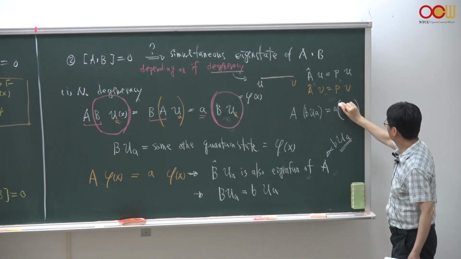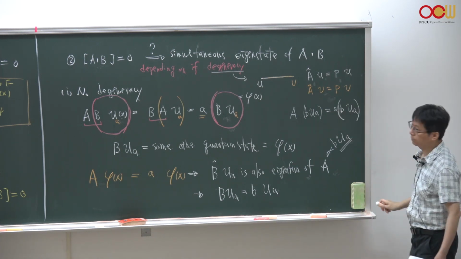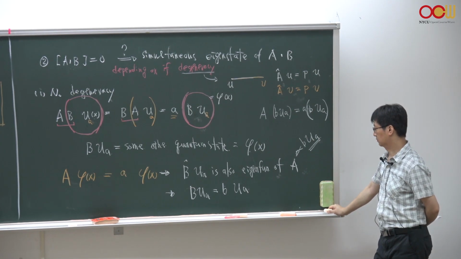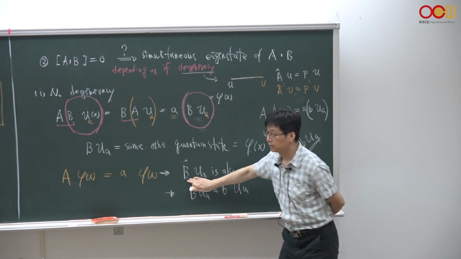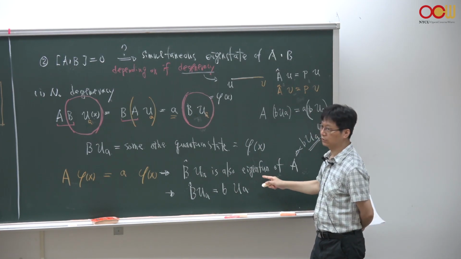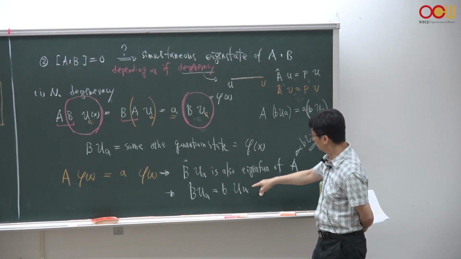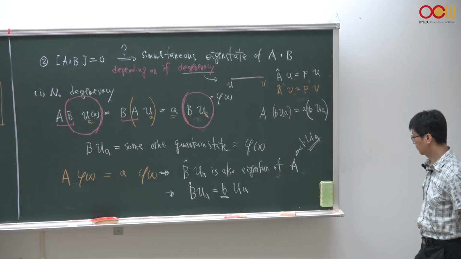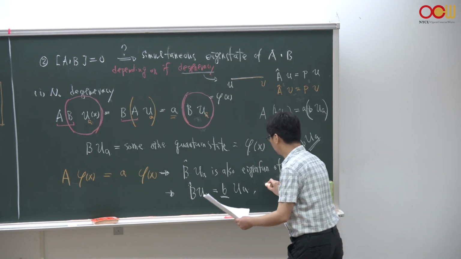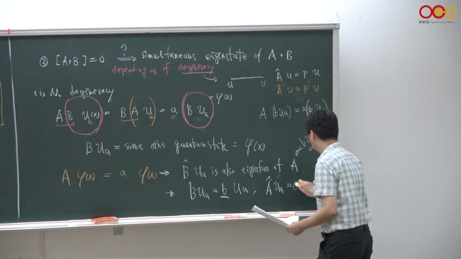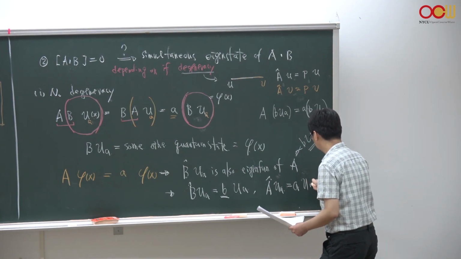Any arbitrary prefactor b multiplying UA is also an eigenfunction of A. Okay, so this statement tells us that B acting on UA is an eigenfunction of A, but maybe with a different prefactor, which I call little b here. But at the same time, remember, A acting on UA is eigenvalue little a times UA.